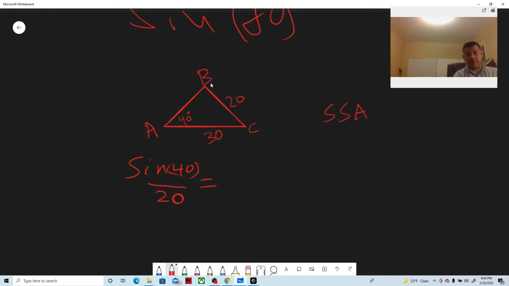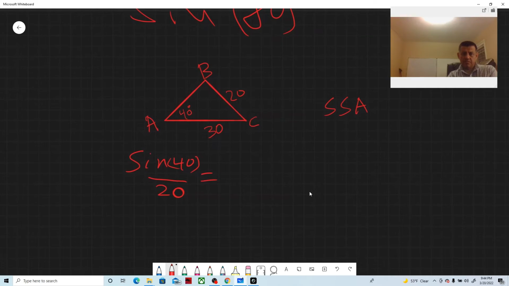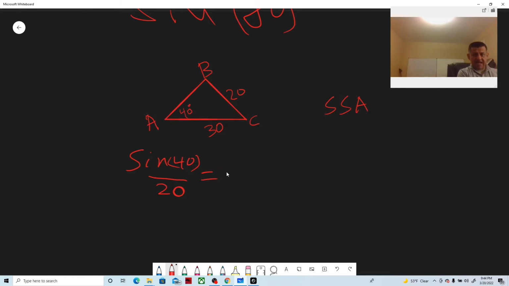So we cannot find C right now, but we can find the angle B because the side opposite of B was given, and that is equal to sine of capital B over 30.